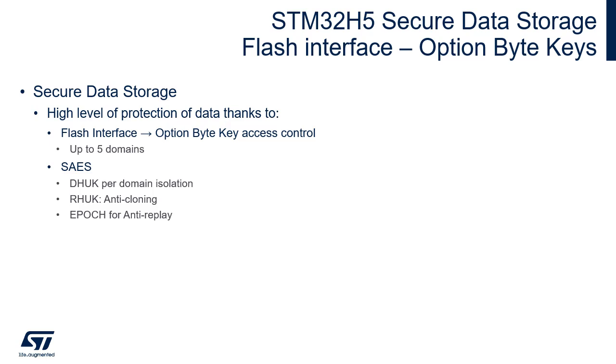The root hardware unique key, or RHUK, is a non-volatile hardware secret unique per device, allowing anti-cloning protection. All keys encrypted using the SAES and DHUK inherit the RHUK property, unique per device. The epoch is a counter incremented each time a regression is done, allowing anti-rollback protection.